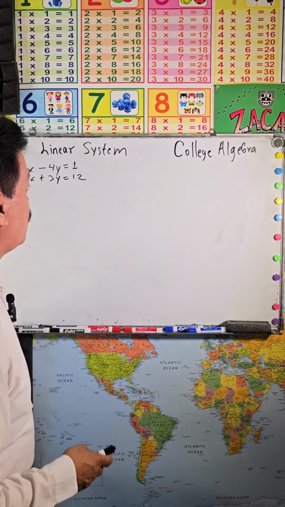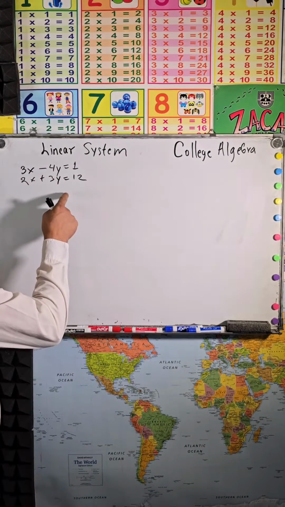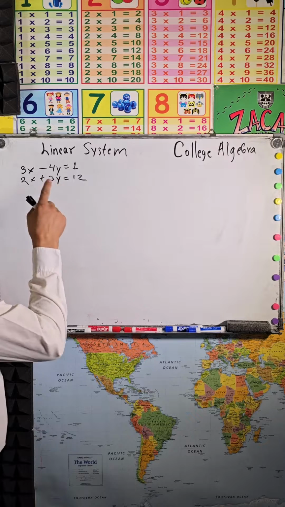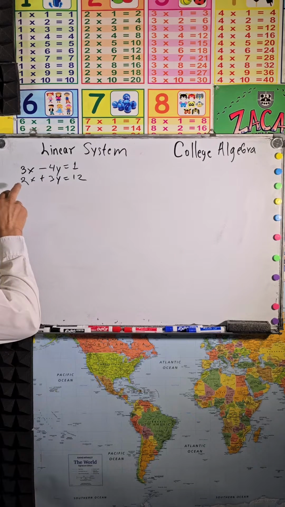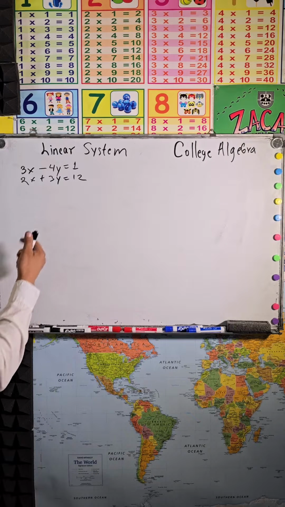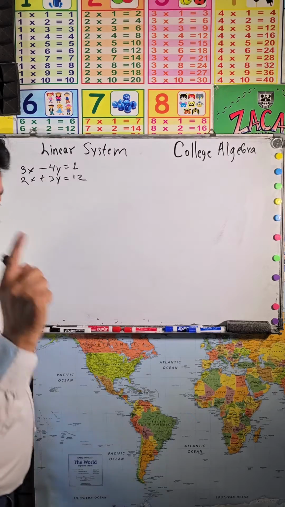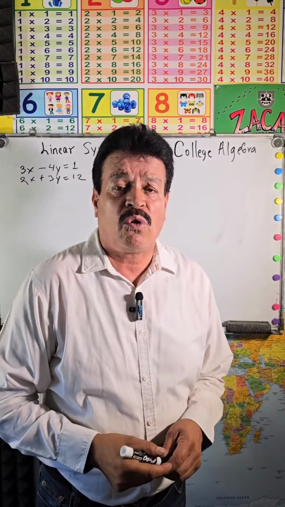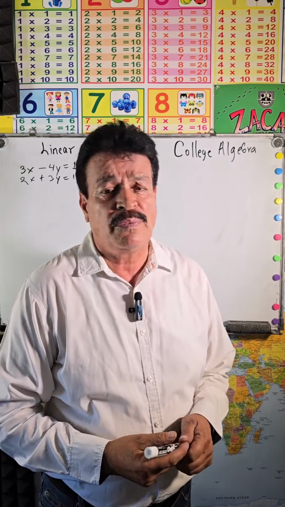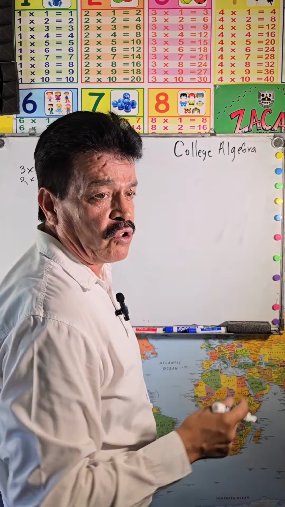To show you what I mean by this topic, I will solve some problems like this. For instance, we have this example: 3x minus 4y equals 1, 2x plus 3y equals 12. What is the way that I will solve this system of equations? I will use the elimination method, okay?